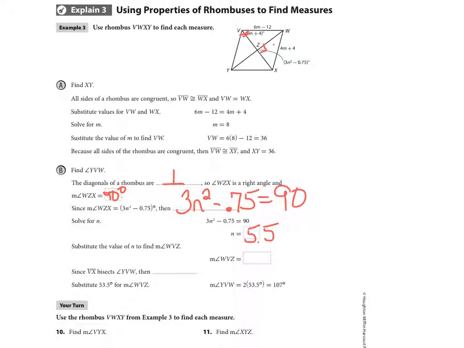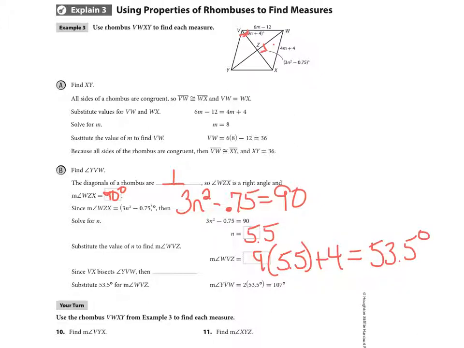And we get 9 times 5.5 plus 4, and that is going to equal, what, 53.5 degrees. Might want to check my math there.